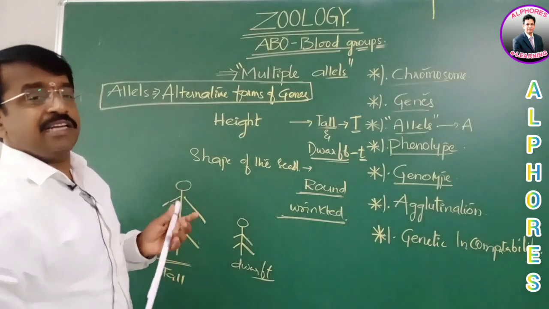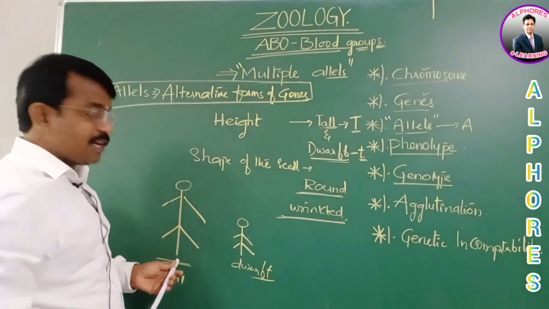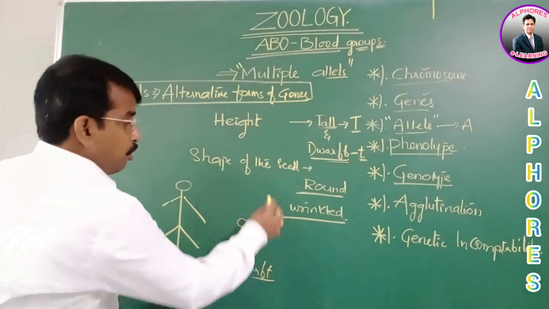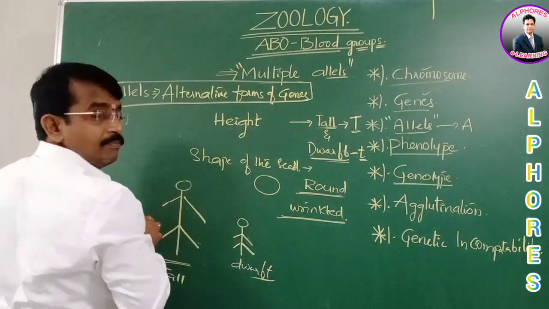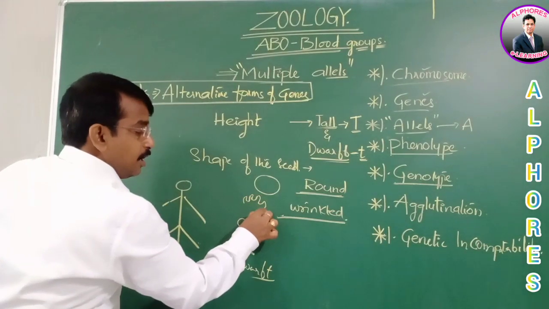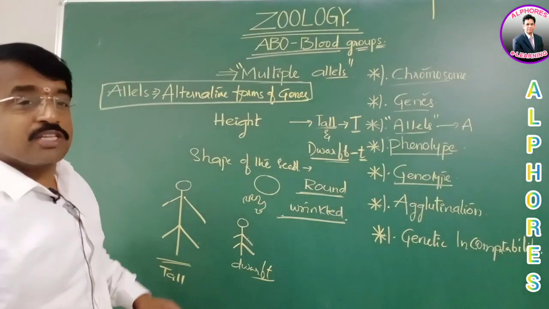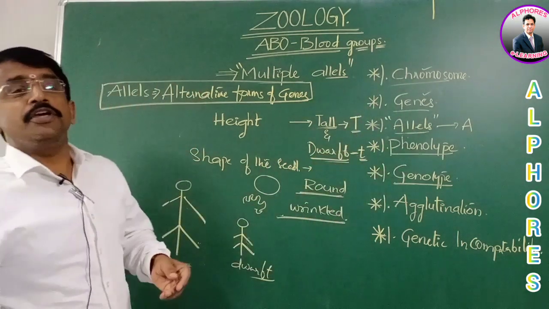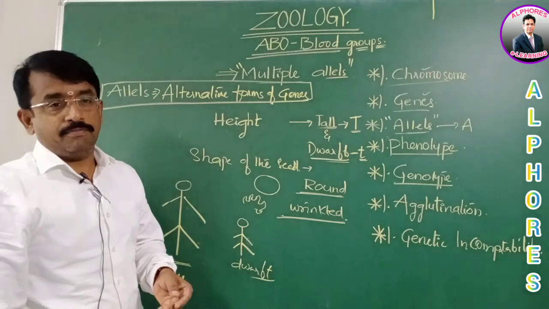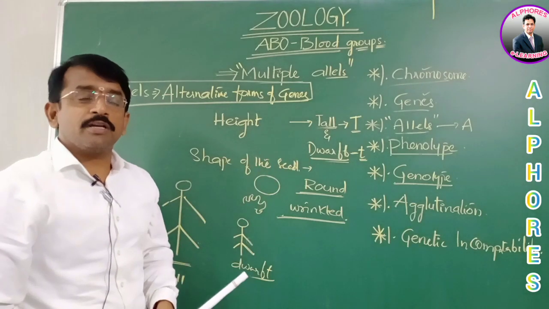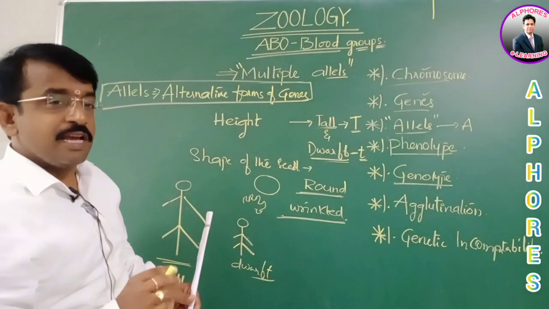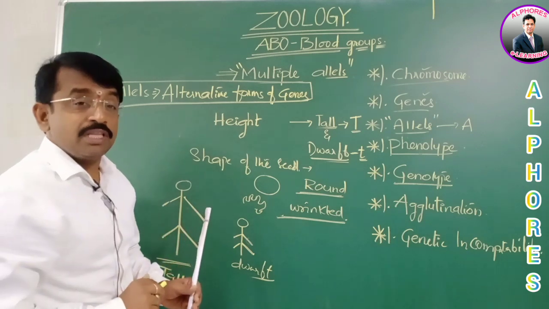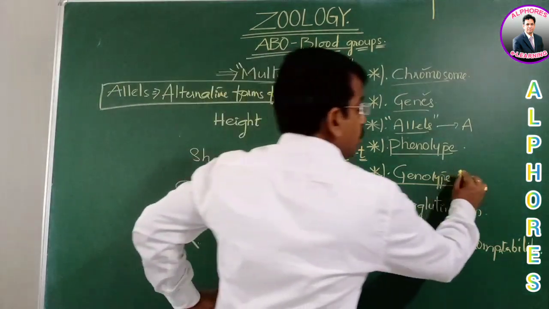If a character is expressed based on external form, it is named the phenotype. Look here, this is round, whereas this is wrinkled. So the external form of a character is the phenotype.